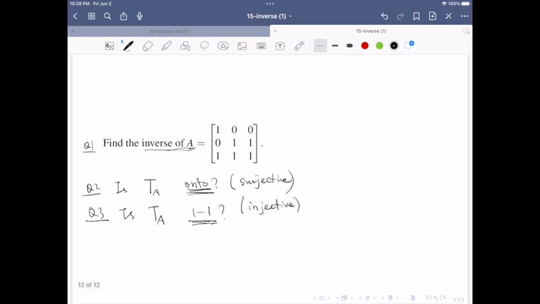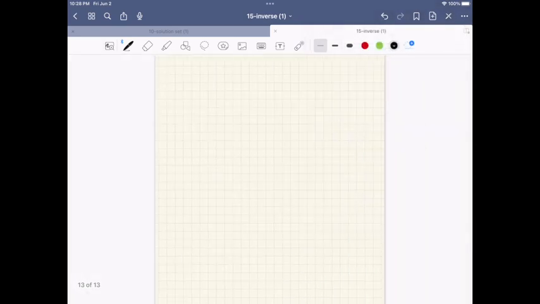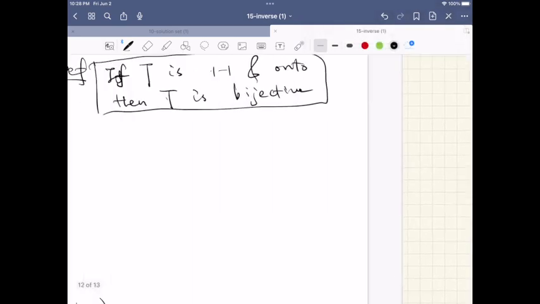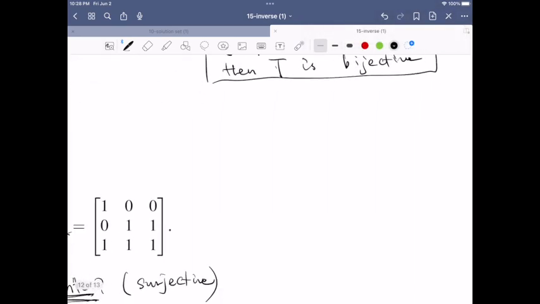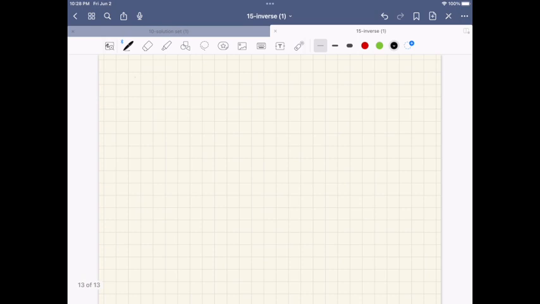All right, so to compute A inverse, A is given by rows 1, 0, 0; 0, 1, 1; and 1, 1, 1.